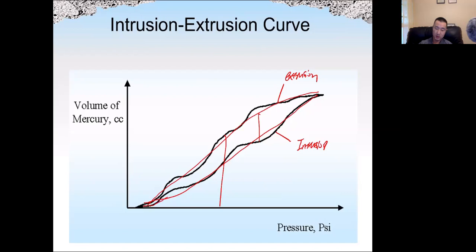The direction of the pressure will be like this: we slowly increase the pressure, and then we slowly decrease the pressure. We call that intrusion and extrusion.